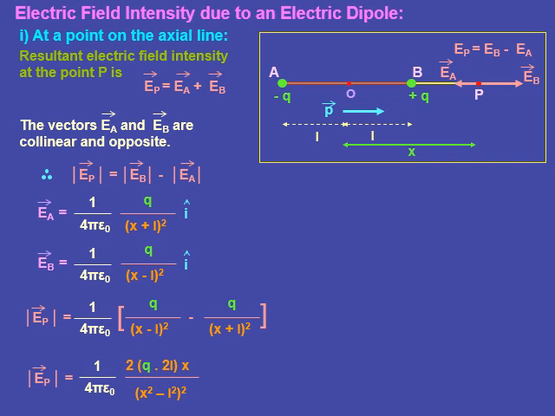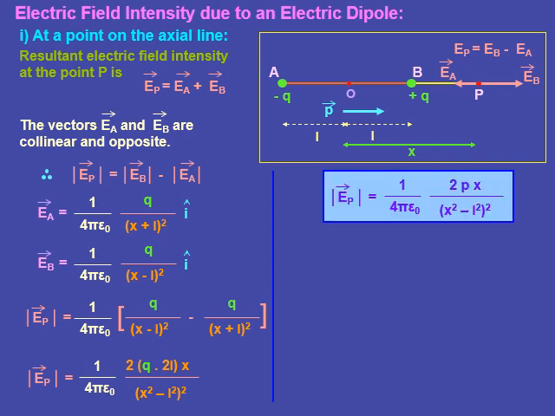Q into 2L is a new term known as the dipole moment, so we can write it in terms of dipole moment. So the magnitude of EP will be equal to 1 upon 4 pi epsilon naught, 2px upon (x square minus L square) whole square.